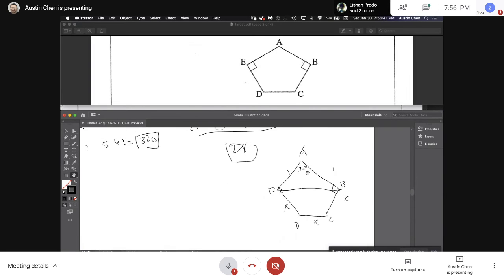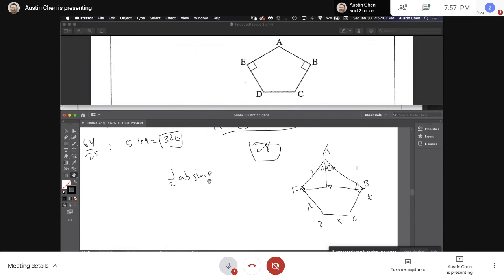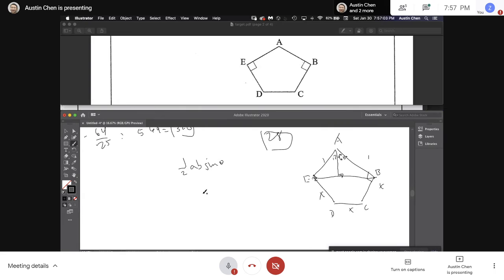The area of this triangle is 1/2 AB sine theta. If you didn't know that formula, you could also drop the height down. Because this pentagon is symmetrical, you'd have 60 degrees on this side, and then solve for these sides. But 1/2 AB sine theta is slightly faster.